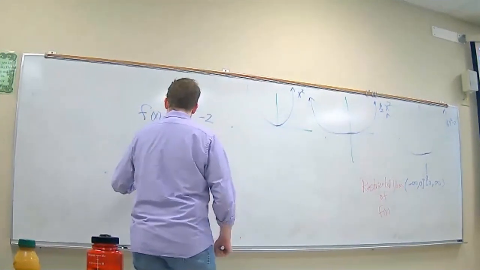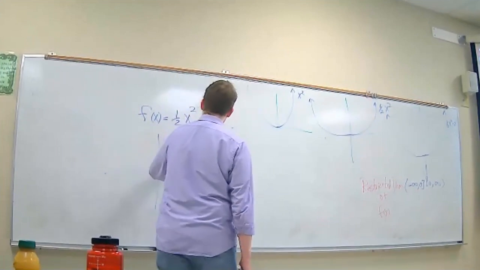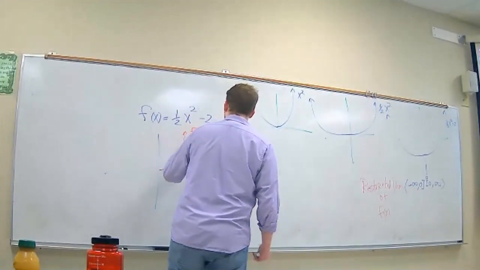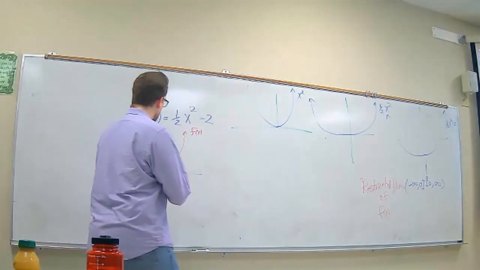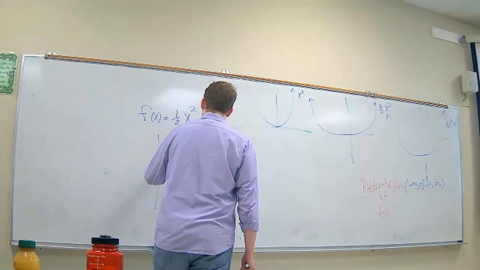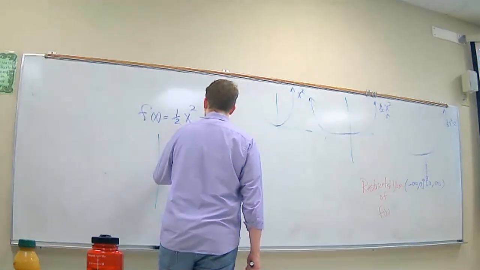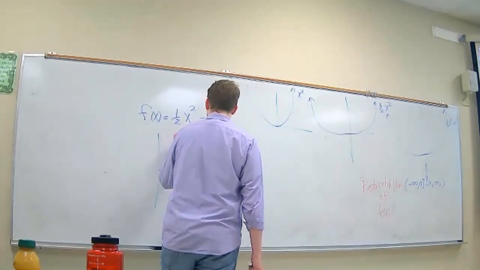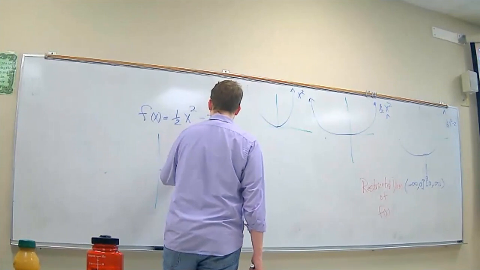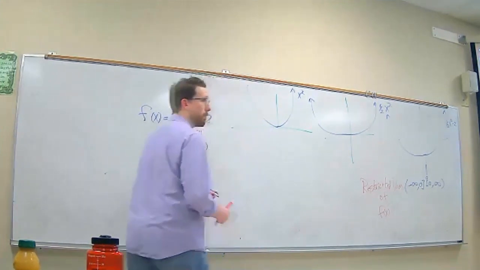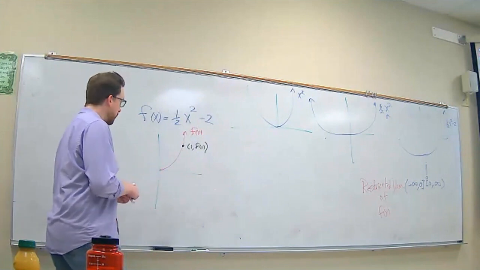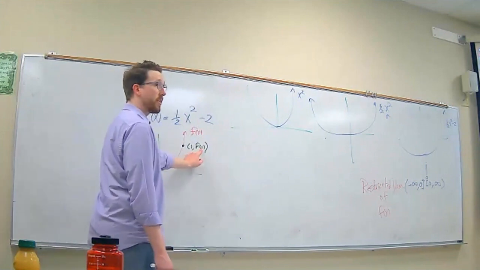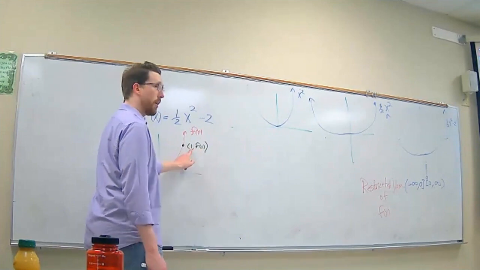We've got a function, let's say it looks like this. There's a point on this function. The inverse function is going to take whatever this comes out to be and send it to 1.